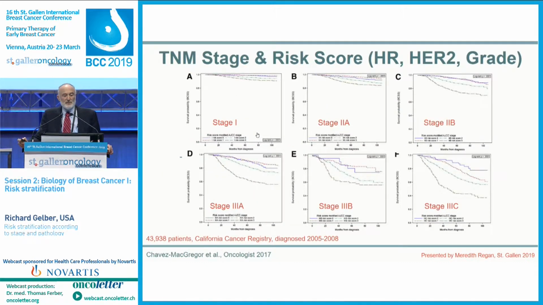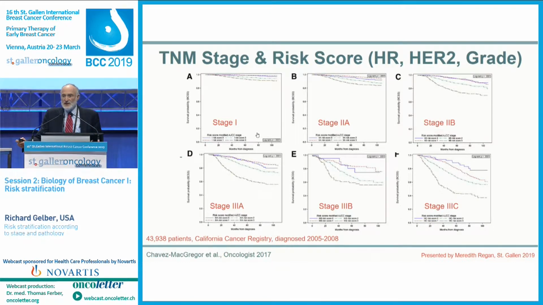And here are some of the pictures that validate this additional component of staging. You have the TNM stage A, B, C, D, E, and F, and you can see in these pictures how adding hormone receptor, HER2, and grade further stratifies risk based on initially TNM and then further components of pathology.